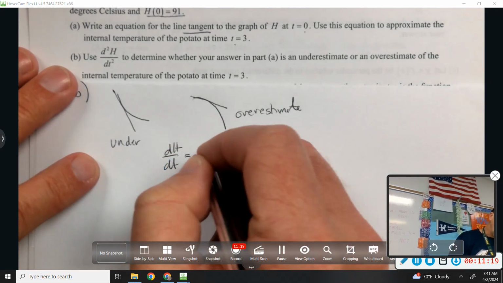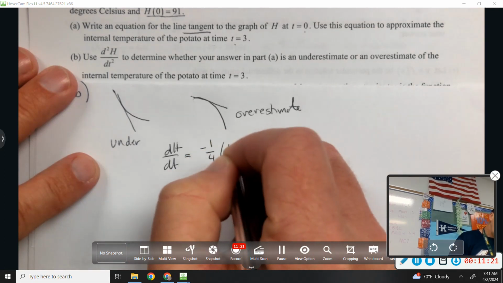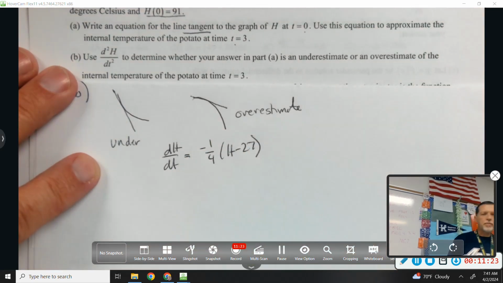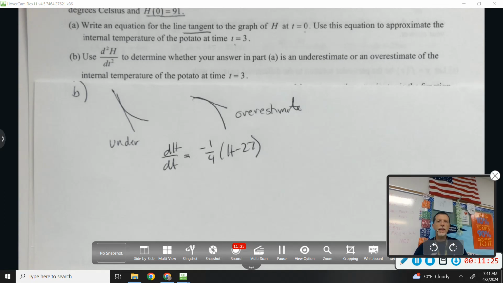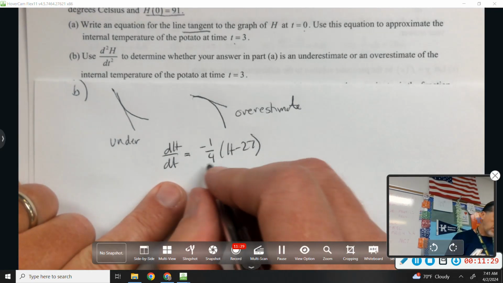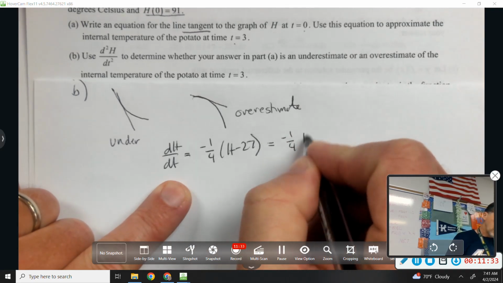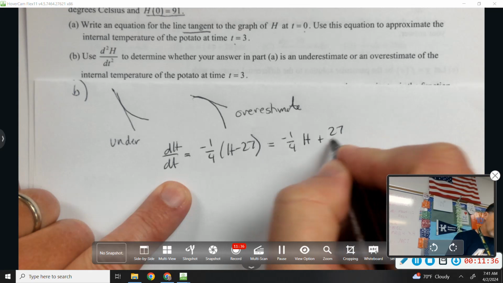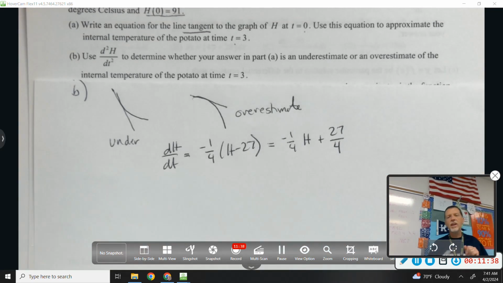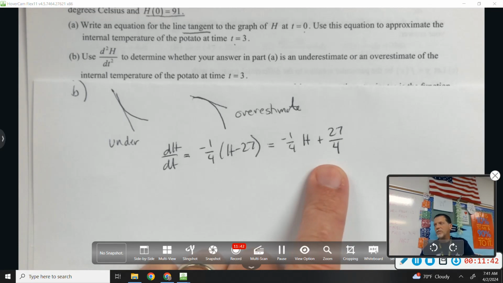Okay, so let's back up. dH/dt, they told me, was negative 1/4 (H minus 27). Now I want a second derivative. Before I do that, I think I want to distribute the 1/4. Maybe that looks a little bit worse, but what's the derivative of 27/4 going to be?